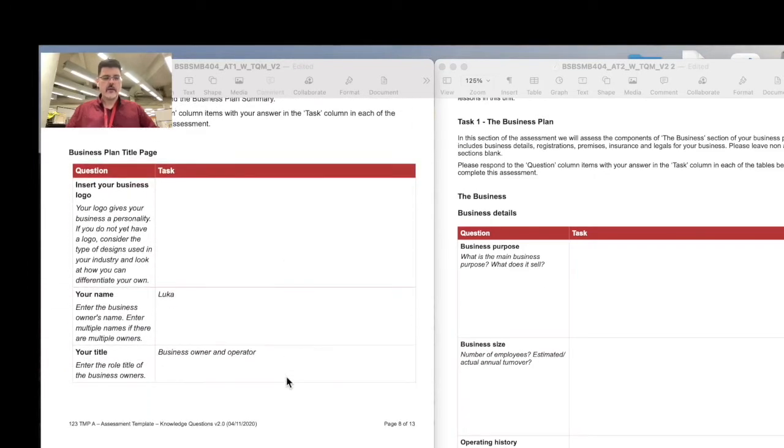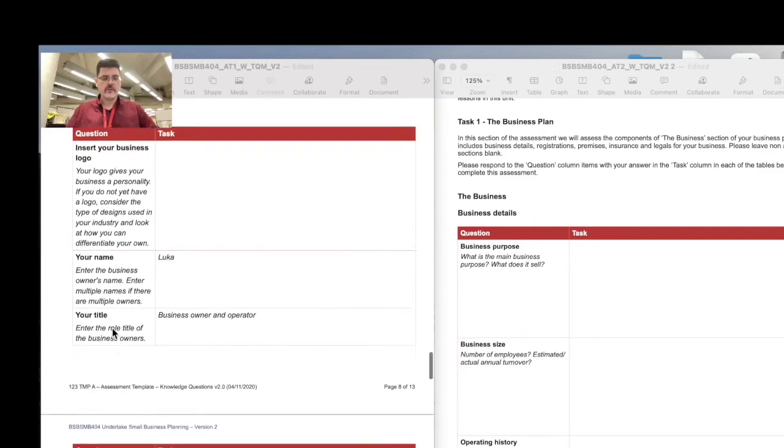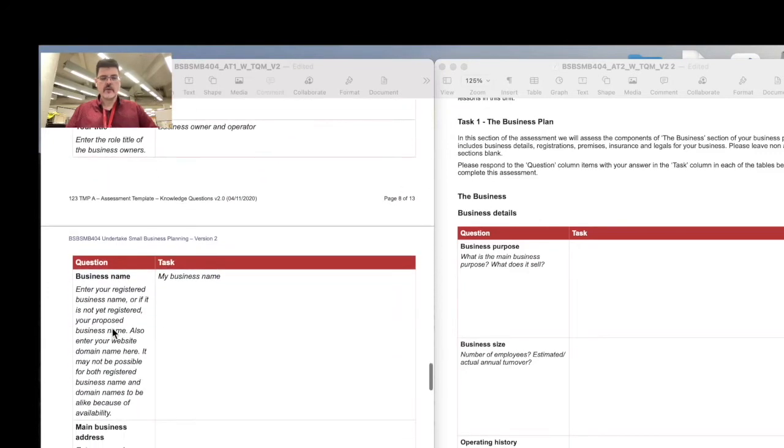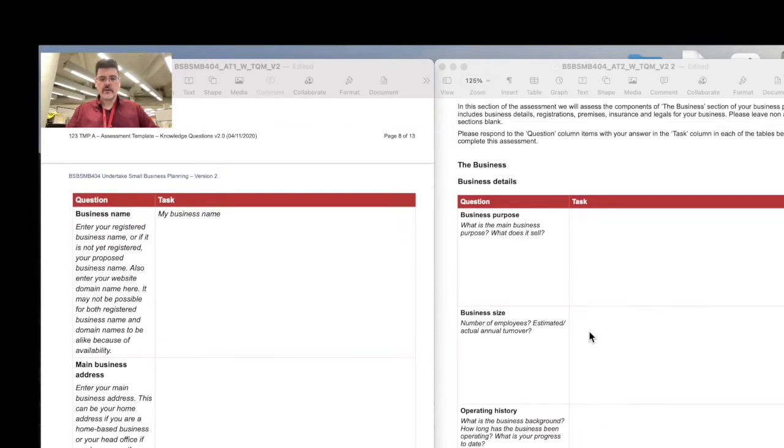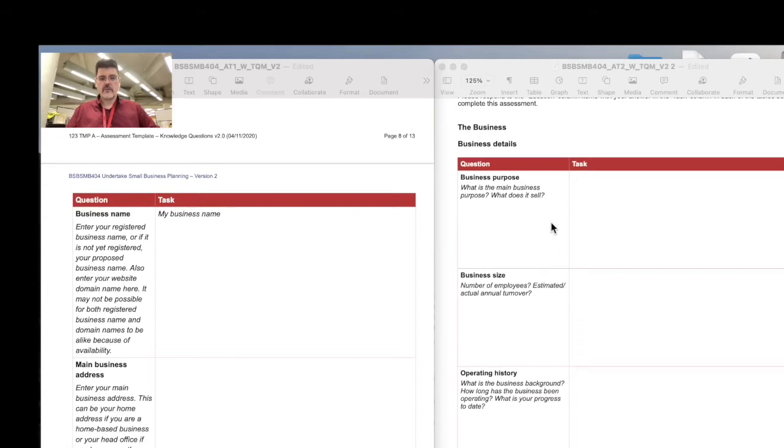Here we go. So here you had to insert a logo and into your business name, business title, etc. And there we go. You'll start to see business purpose and business size and operating history. Now you won't see those exact questions, but you will see some that relate or are very similar later on.